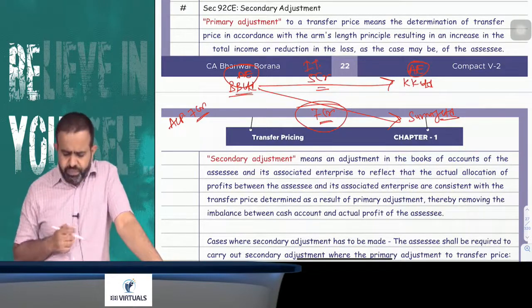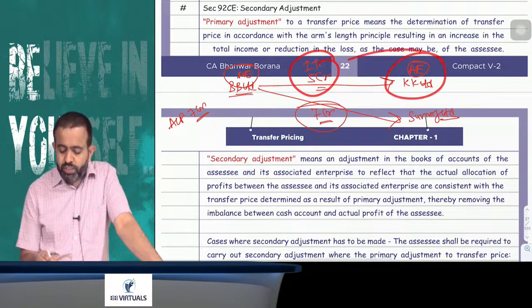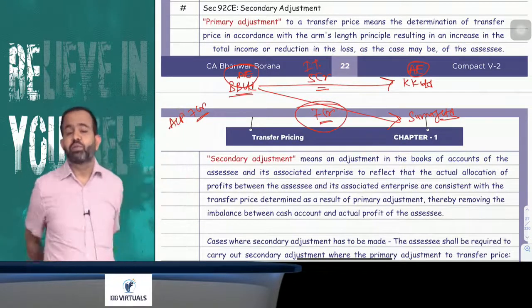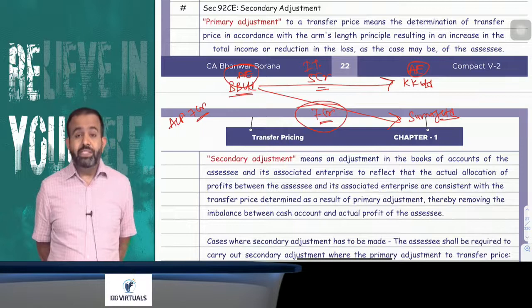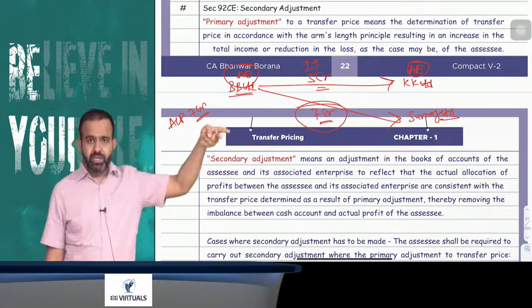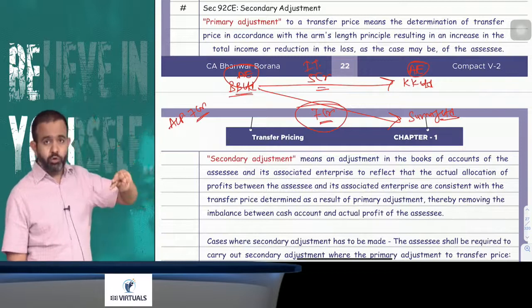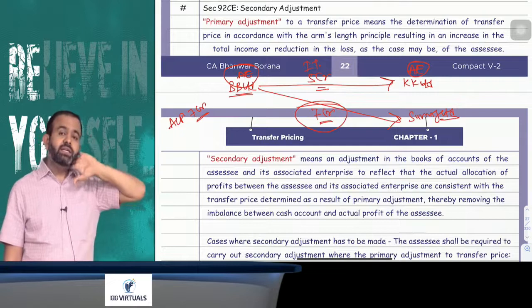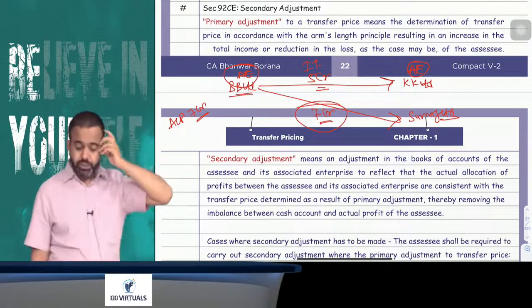Now guys, when we made the sale of 5 crore to KK Limited, our associate enterprise, obviously we collected only 5 crore from the foreign enterprise. Means 2 crore rupees is still with the foreign associate enterprise. So I can say that this 2 crore rupees is still with the associate enterprise. So here all people just pay attention.